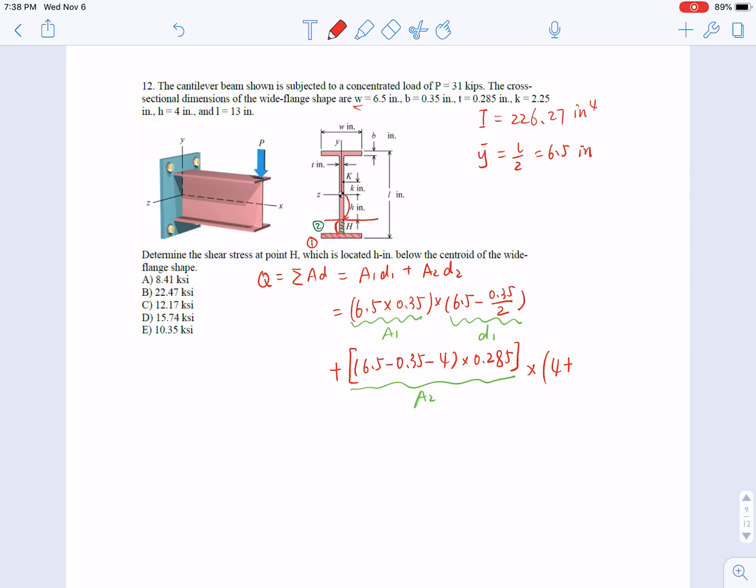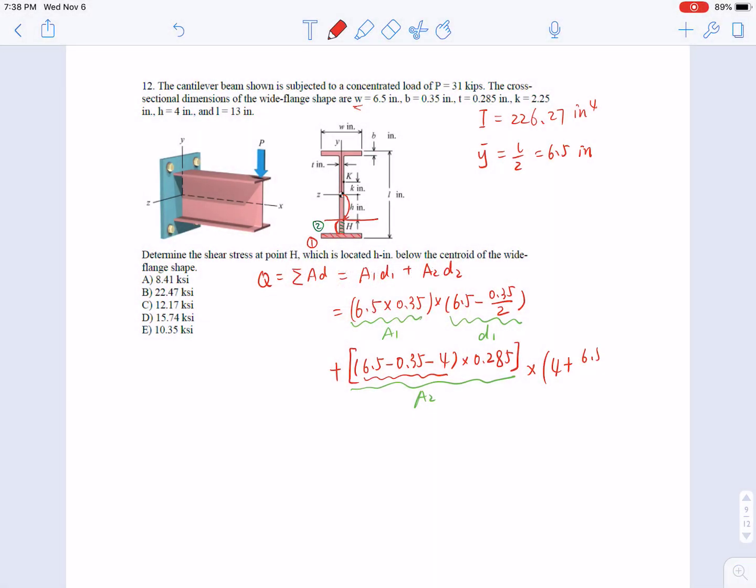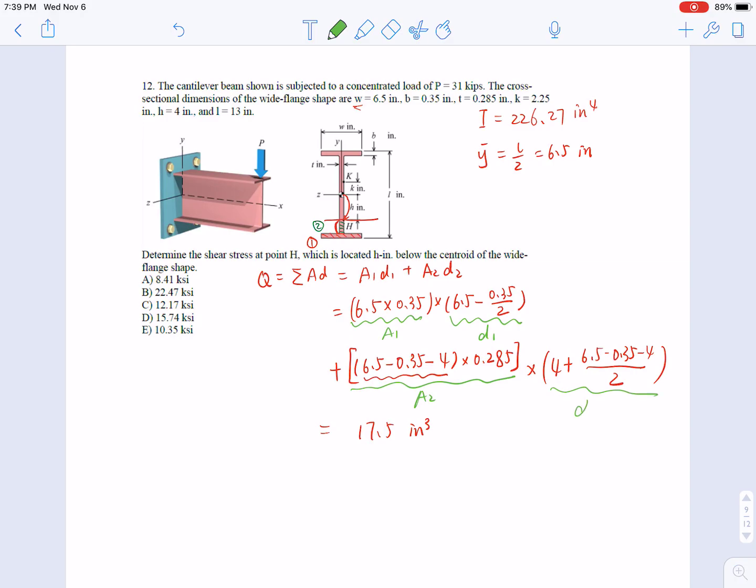So plus half of the height of this rectangle, that is half of this: 6.5 minus 0.35 minus 4, over 2. So you will get this Q equals 17.5 cubic inch. So here you have your D2.